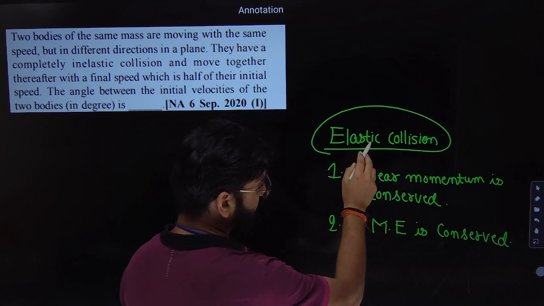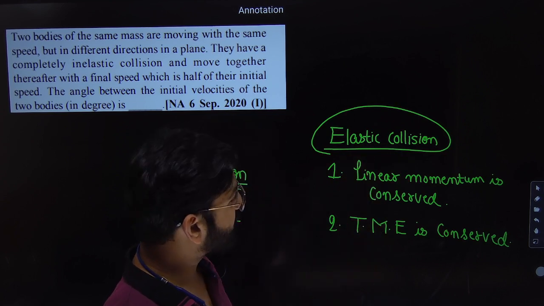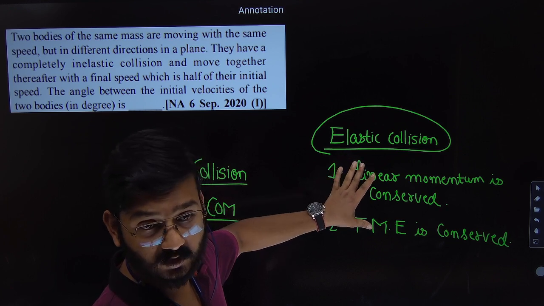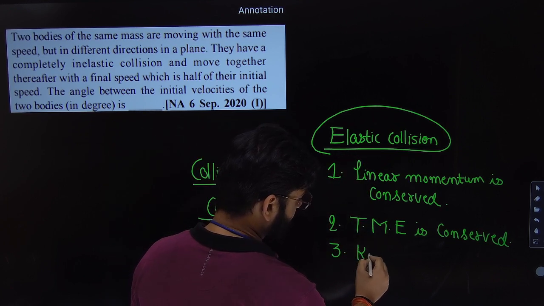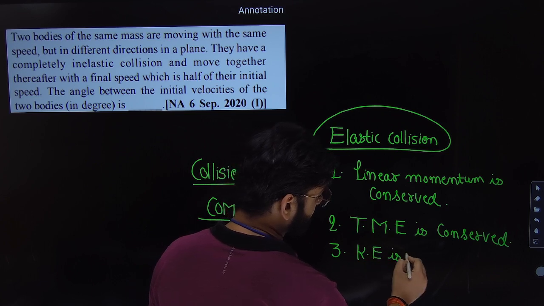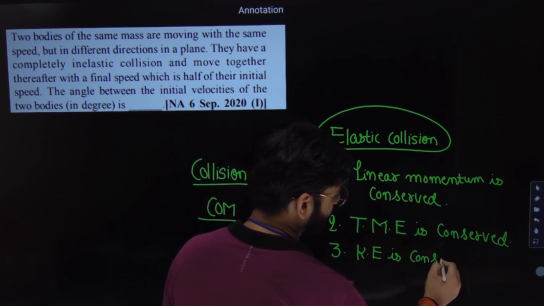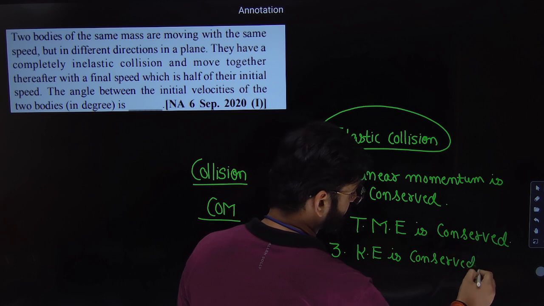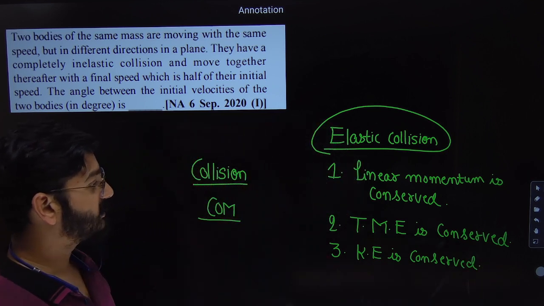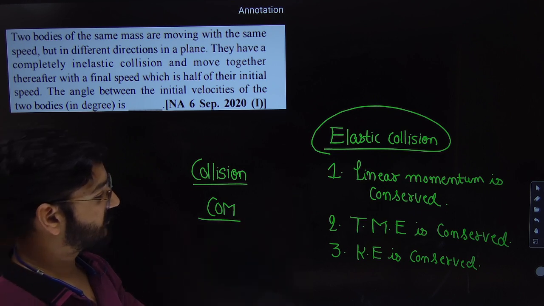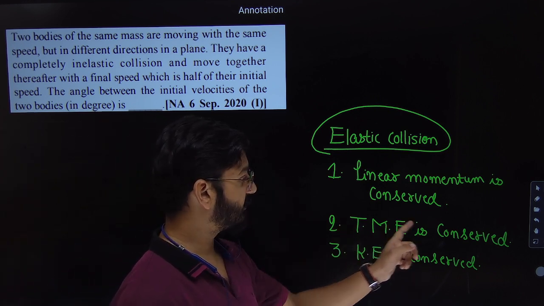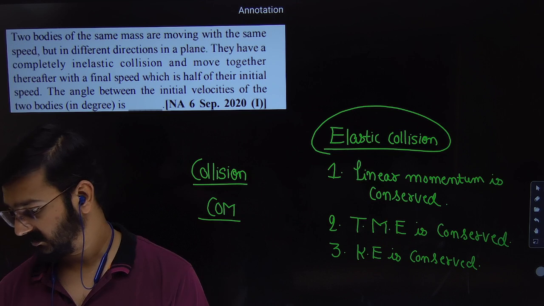In elastic and in inelastic, these two conditions will hold true. Now the third one is kinetic energy is also conserved. So these 3 points you need to keep in mind. In elastic collision, linear momentum is conserved, kinetic energy is conserved, and total mechanical energy is conserved.